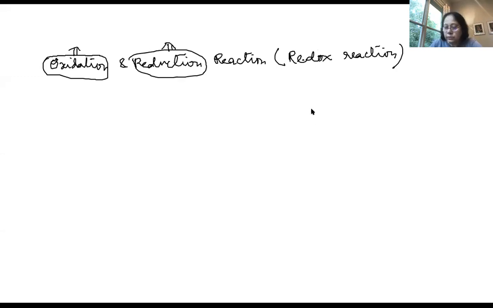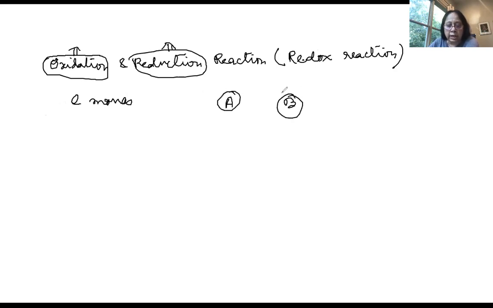Okay. So what happens during this oxidation and reduction reaction? Basically, electrons move. Electrons move between the elements. Let's say two atoms here, A and B. Okay, A one atom, B another one.